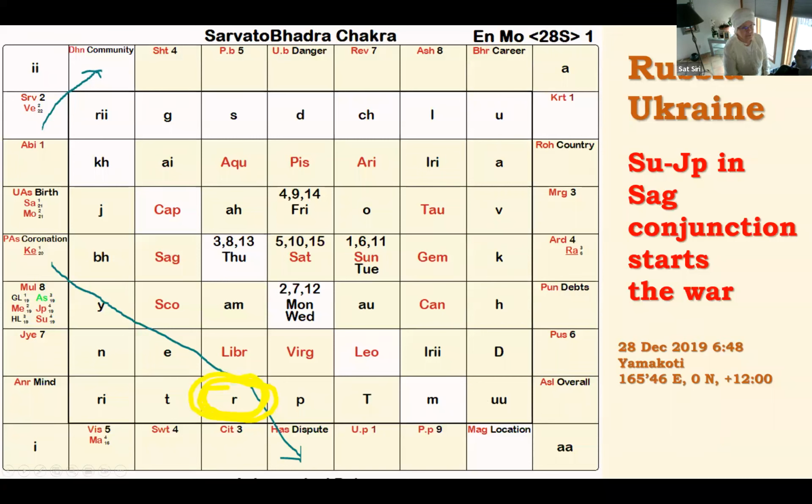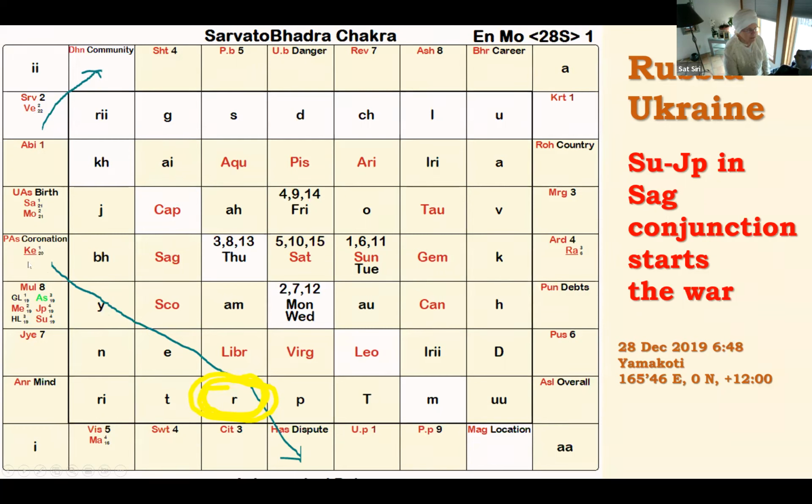So if we look at this chart again at the Sun-Jupiter Sagittarius conjunction starting the war, we would look for the name Russia. The sound is Ra, and this Ra is in this cell right here. And Ra is pierced by any planet that would be in Purvashada or in Hasta, because they would put their diagonal Veda through Ra.